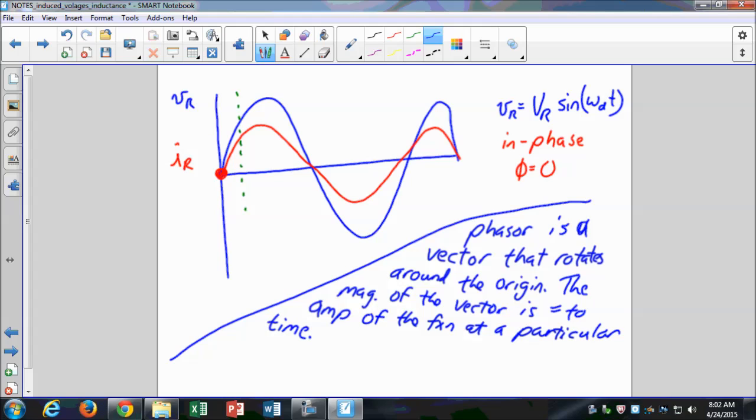It's going to rotate in a counterclockwise direction at a rate omega d.